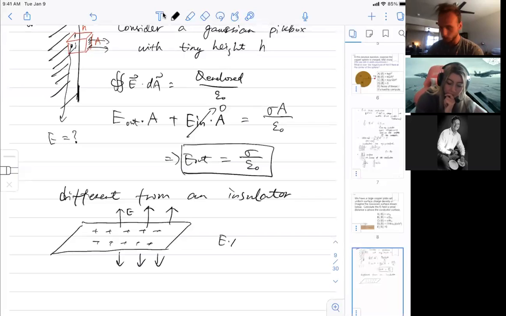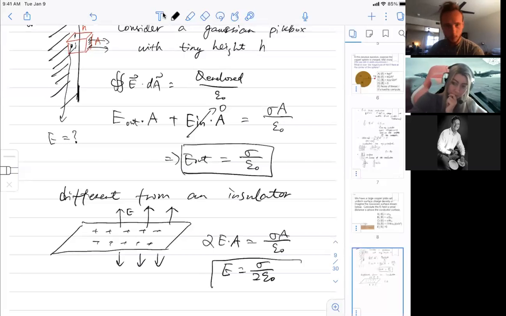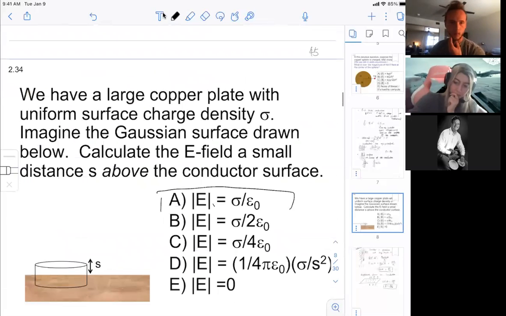So you have E times A, top and bottom. So 2EA is sigma A over epsilon naught, so you get E is sigma over 2 epsilon naught, which is different from a conductor. Okay, so the answer is A. The reason for that is we're dealing with a conducting surface rather than an insulating surface, and that's different.